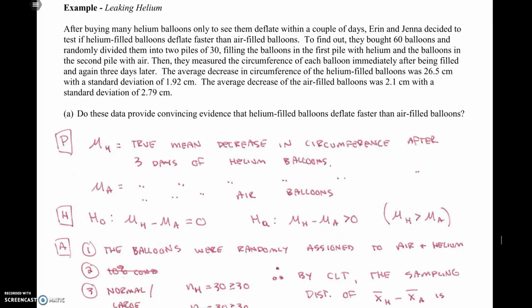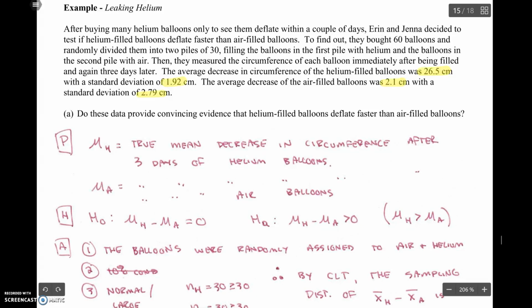Then they measured the circumference of each balloon immediately after being filled, and then they measured the circumference again after 3 days. The average decrease in circumference of the helium balloons was, so this is the average decrease in circumference, and this is the standard deviation of the decrease. The average decrease in the air-filled balloons was 2.1, and the standard deviation was 2.97.